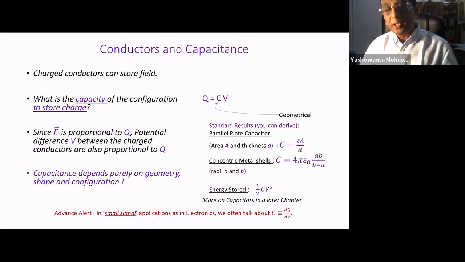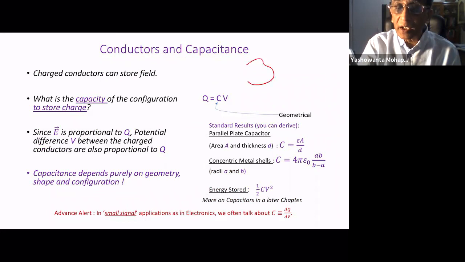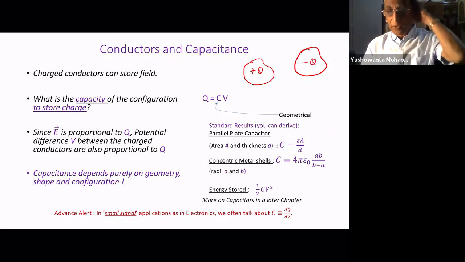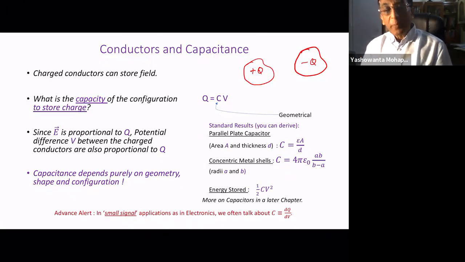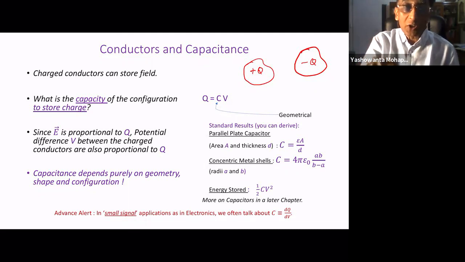You know that if we have some arbitrary conductor with plus Q and another conductor with minus Q, then we can associate with this arrangement a certain capacitance. What is capacitance? The capacity to store charge.